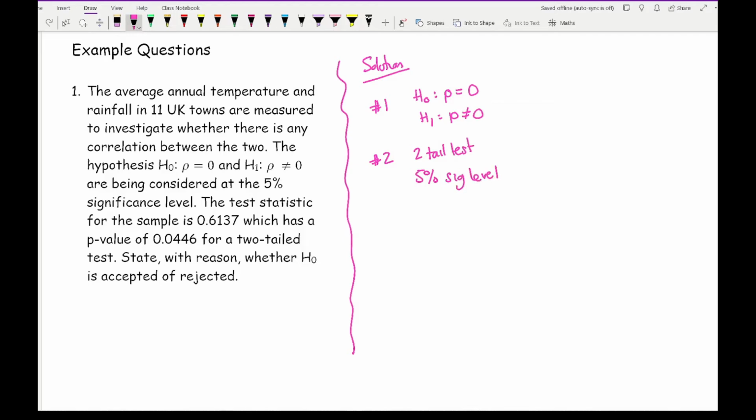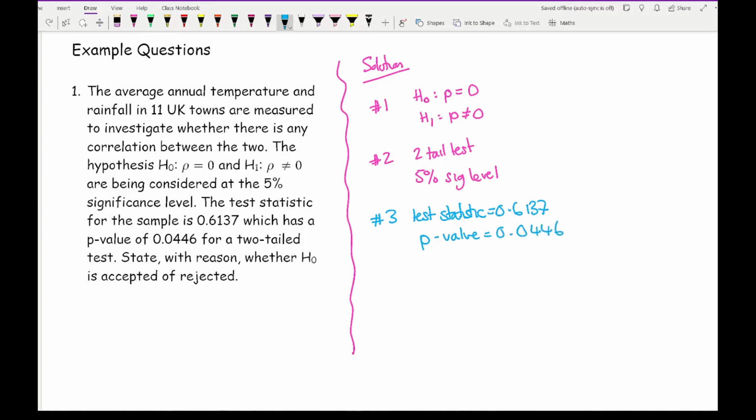Now the next thing we need to do is compare the coefficients. We know that our test statistic is equal to 0.6137, and I know that my p-value is equal to 0.0446.